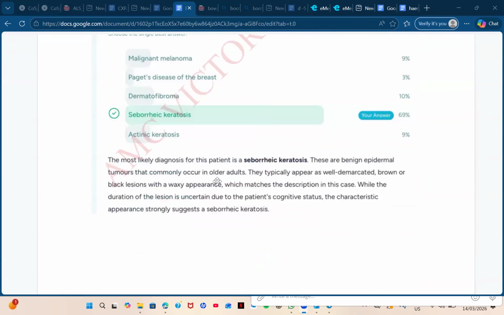The most likely diagnosis in this patient is seborrheic keratosis. These are benign epidermal tumors that commonly occur in older adults. They typically appear as well demarcated brown or black lesions with a waxy appearance, which matches the description in the case.